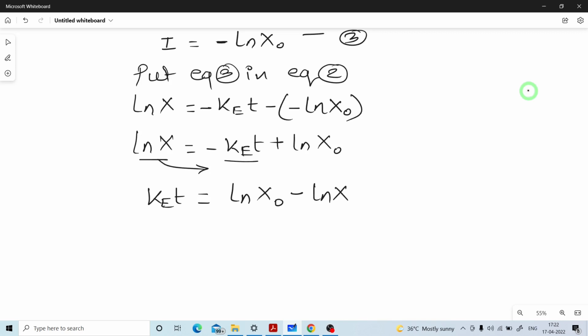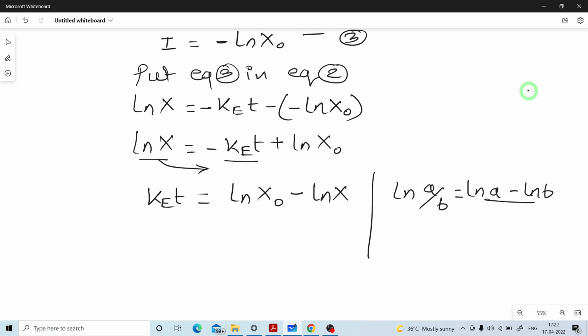Once you do that, we have to write the logarithmic terms in the form of a ratio. For example, a general logarithmic formula is that natural log of a upon b is nothing but natural log of a minus natural log of b.